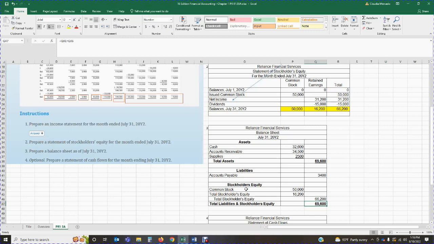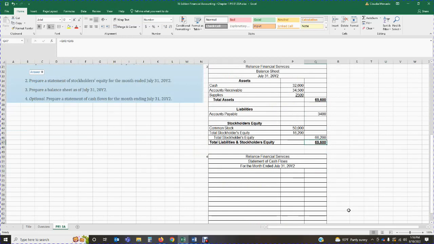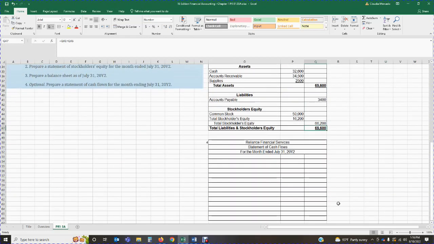Okay? And then last but not least, the problem asks for an optional statement of cash flows. In the future, we are going to have a chapter that completely is focused on the statement of cash flows because they are difficult. Here, it's a very light level example, just so we are introduced with the statement of cash flows, but in the future, we're going to learn about this more in depth.